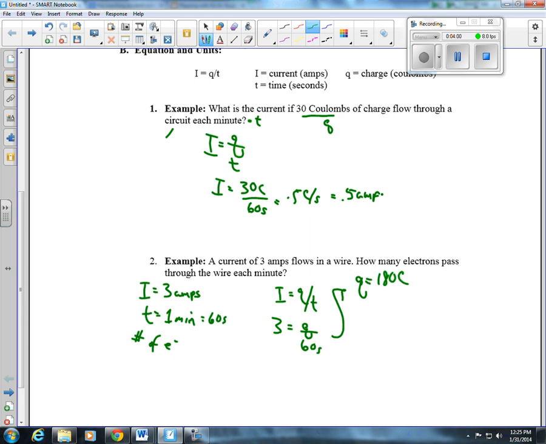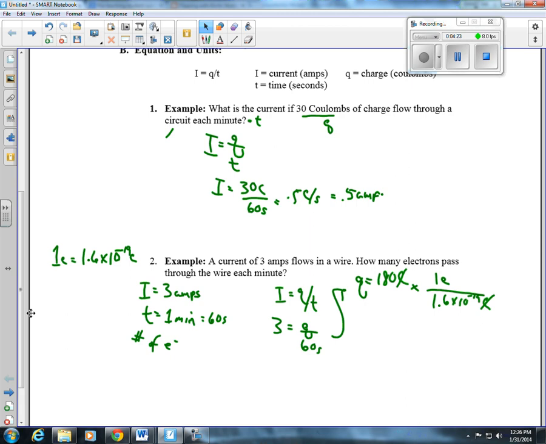Now, to get from coulombs to electrons, remember 1 electron has a charge of 1.6 times 10 to the minus 19 coulombs. So I can convert by turning this into a fraction. 1 electron is equal to 1.6 times 10 to the minus 19 coulombs. I put the coulombs on the bottom so these cancel, and that tells me I'm going to divide.